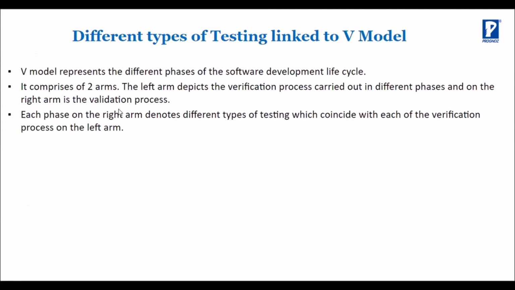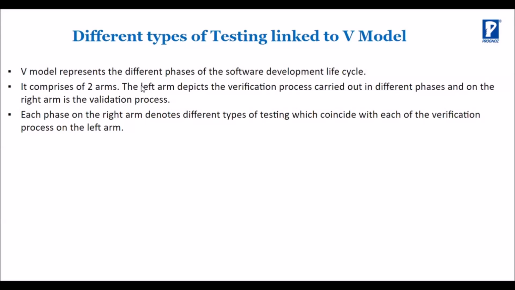So as I mentioned, the V model represents the different phases of the software development lifecycle. As the V denotes, there are two arms, left and right.